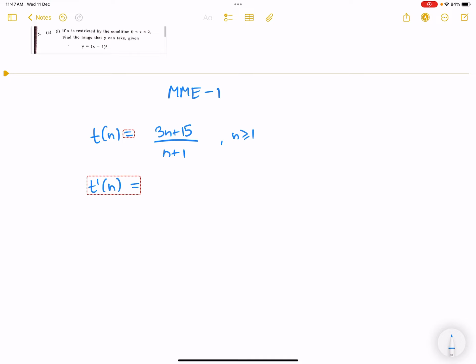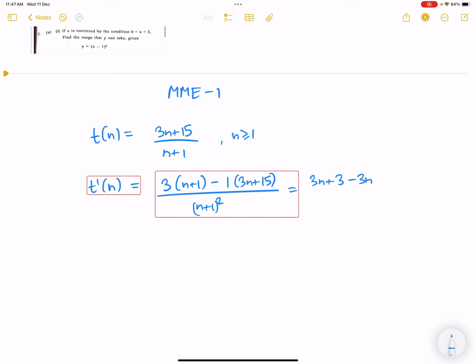So derivative of the first function into the second function minus derivative of the second function into the first function, upon (n plus 1) square. So this becomes 3n plus 3 minus 3n minus 15 upon (n plus 1) square. This cancels out, so we are left with minus 12 upon (n plus 1) whole square.